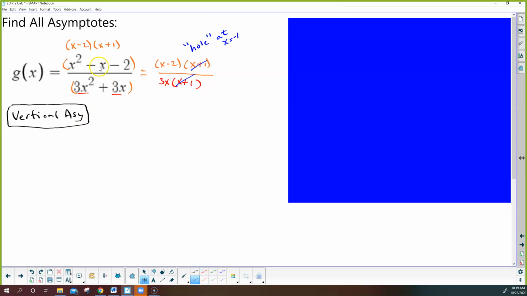So what's left over? I factored the top, I factored the bottom. Whatever's left over in the denominator, we're going to set equal to 0. And that will tell us where the vertical asymptotes are.